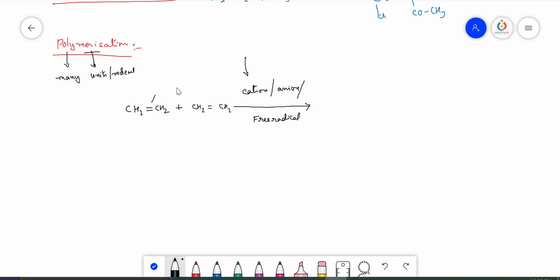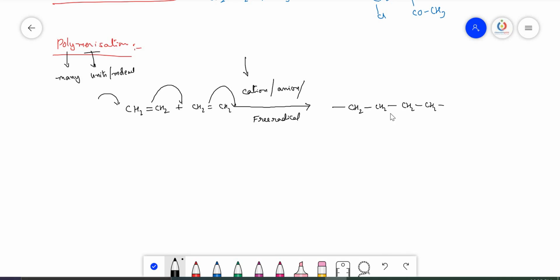Here this pi bond shifts this side and this pi bond shifts this side. If there is any other molecule, that pi bond shifts like that, and this molecule gets the pi bond from another molecule placed on this side. So we finally get the molecule like this: CH2, CH2, CH2, CH2, and it continues like this.